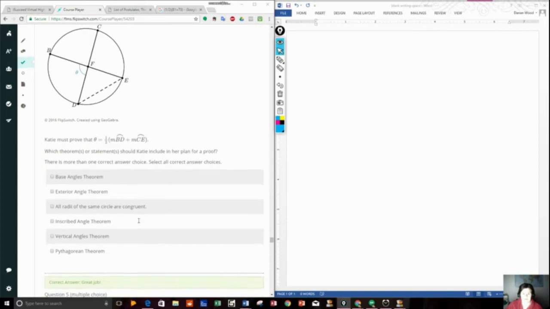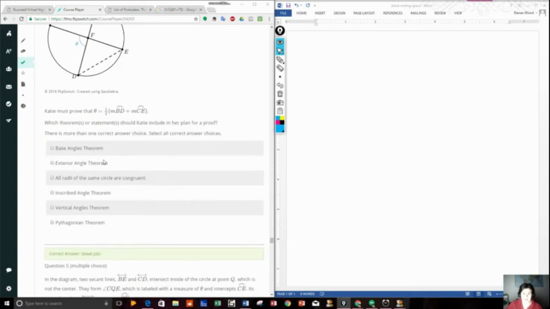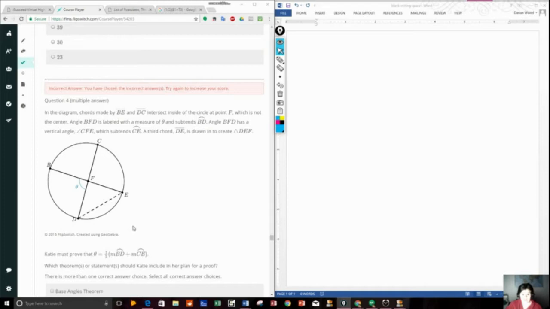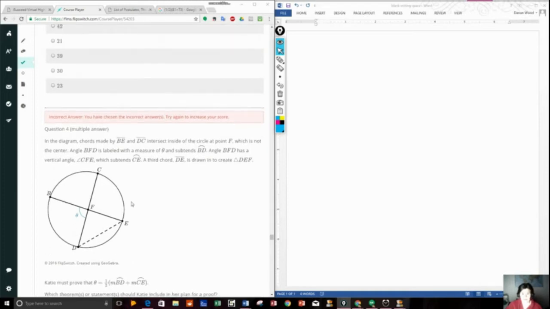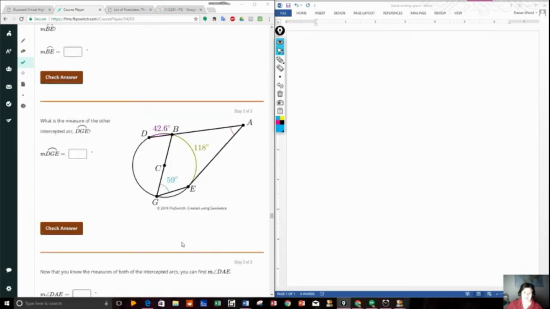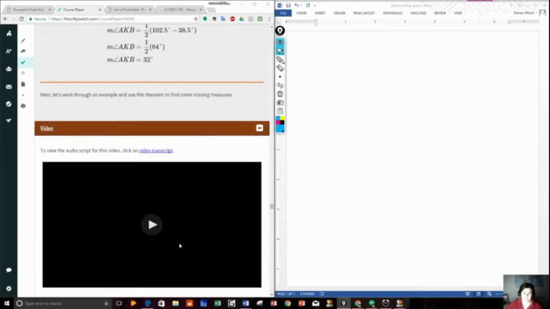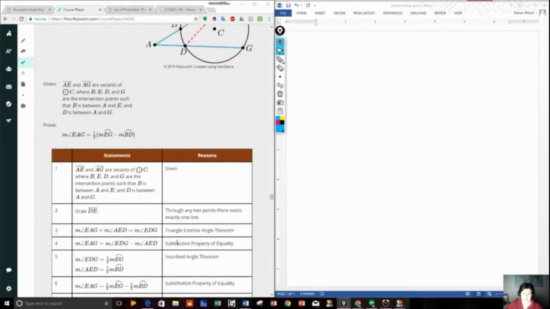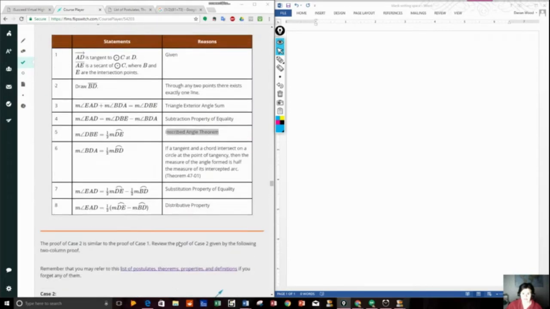Okay, so let's look. They have the base angle, exterior angle, all radii of the same circle are congruent, inside angle theorem, vertical angles, and Pythagorean theorem. Let's go find the proof that is similar to this already. So it is inside the circle.